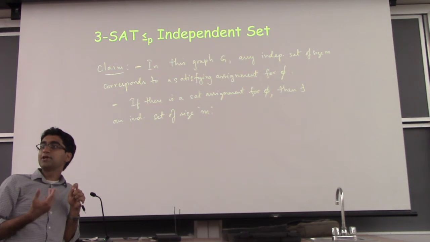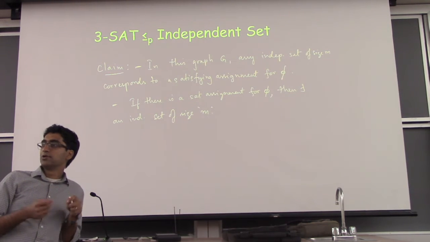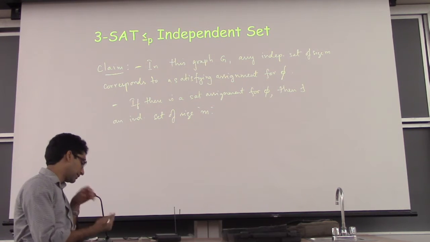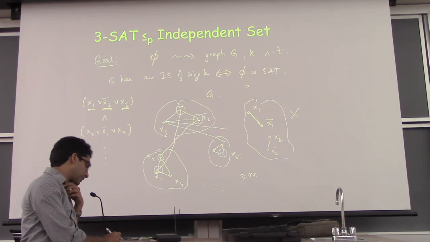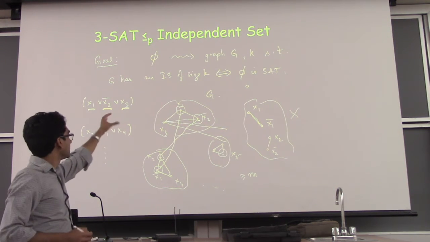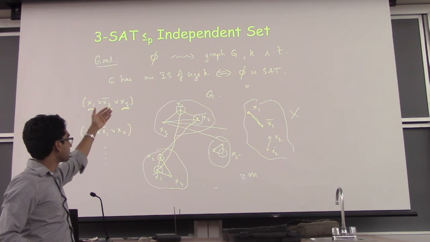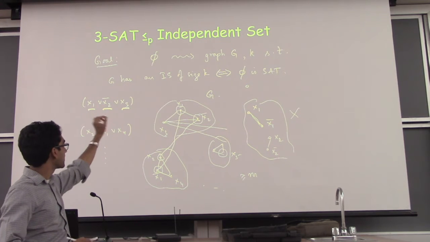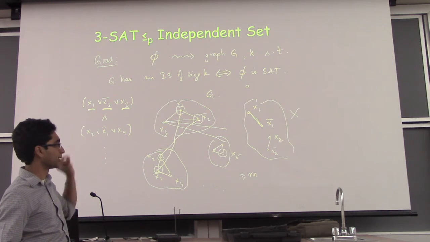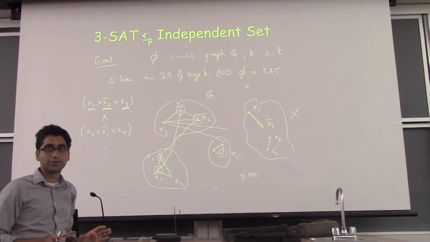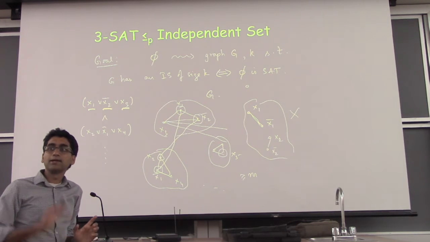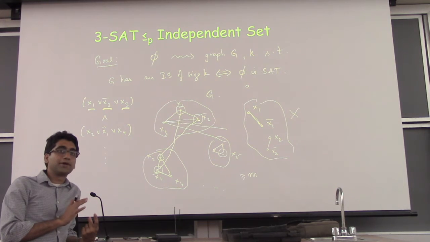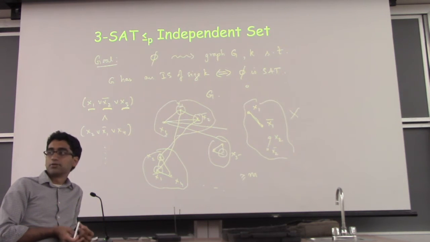Yeah, so this is very easy to check. You just look at the assignment. From the assignment, you can now look at this graph. Let's say the assignment was x1 equals true, x2 equals true, x3 equals false, or something like this. I'll just pick out one thing from each clause, and I know I can always do that. And clearly you will not encounter any contradictions because only one of x1 and x1 bar is picked.